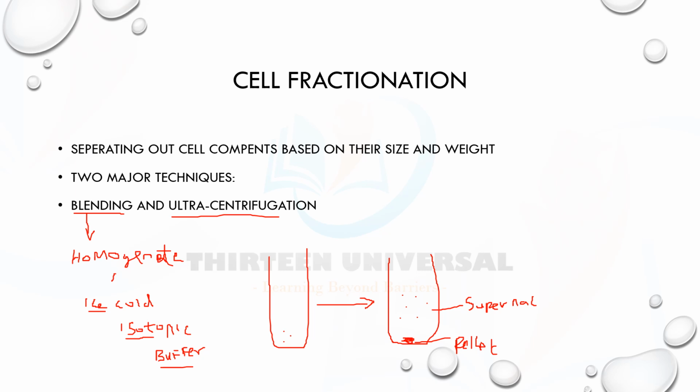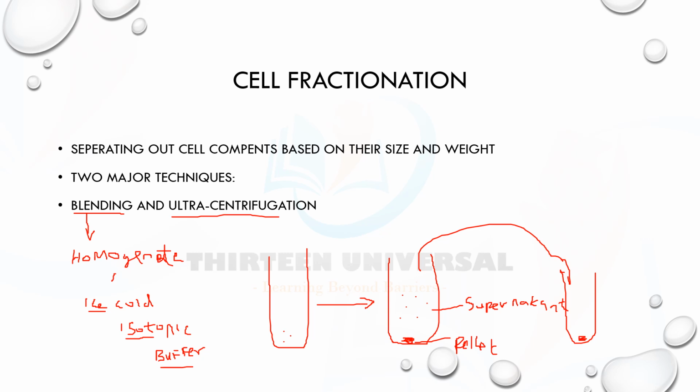So guys, what do you do with this supernatant? Can you see it? Supernatant. The supernatant is drained into another test tube and then spun at a higher speed to separate the next heaviest organelle.